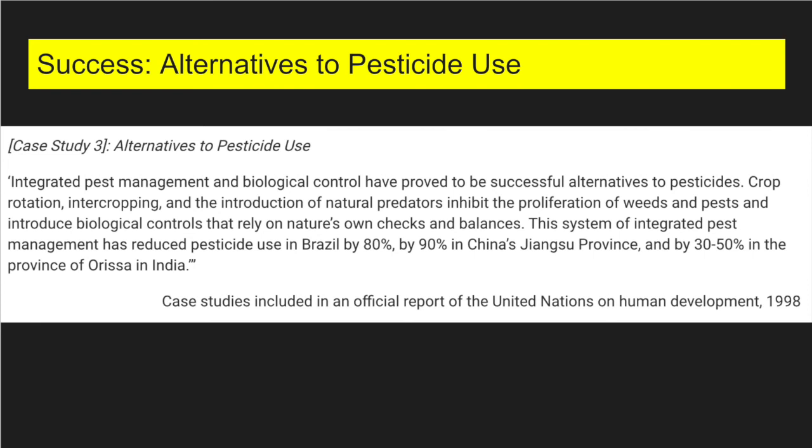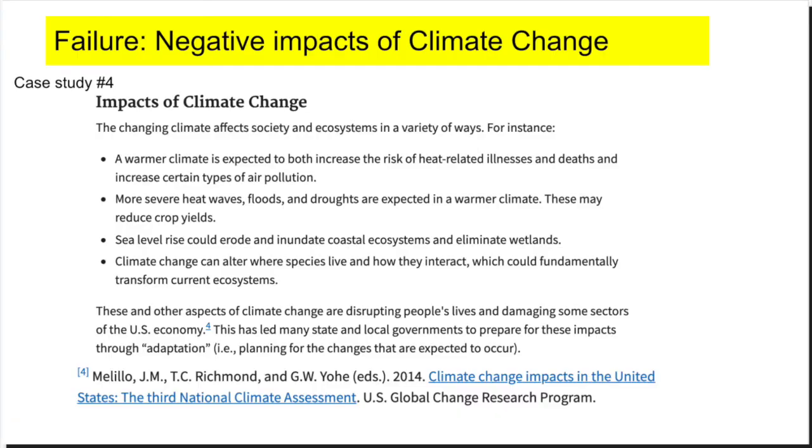Now look at this. Slide 45. I said slide 45 is a failure because it reflects all the negative impacts of climate change. It reflects all the negative impact of human interaction with the environment, specifically climate change. And what is climate change? Climate change is not region specific. Climate change is global. Climate change blankets planet Earth.